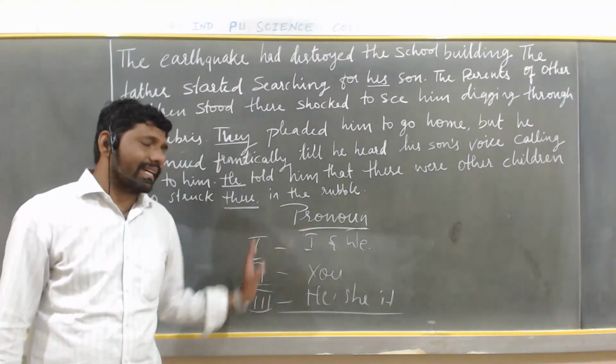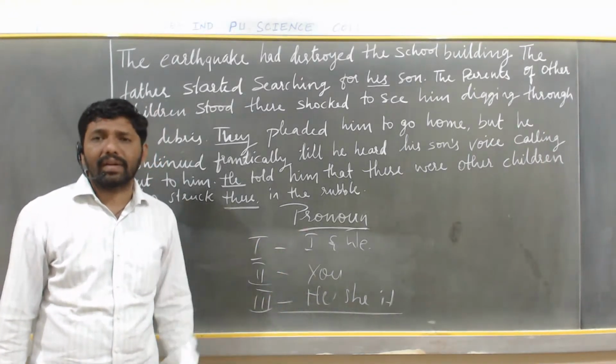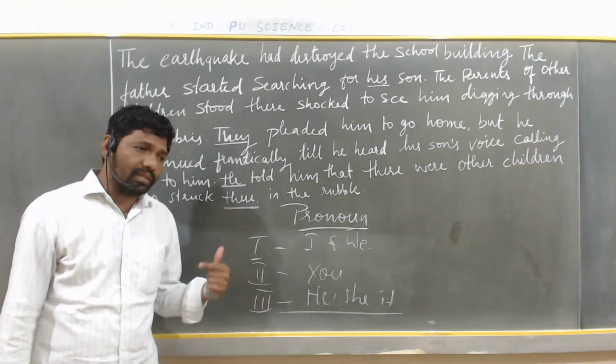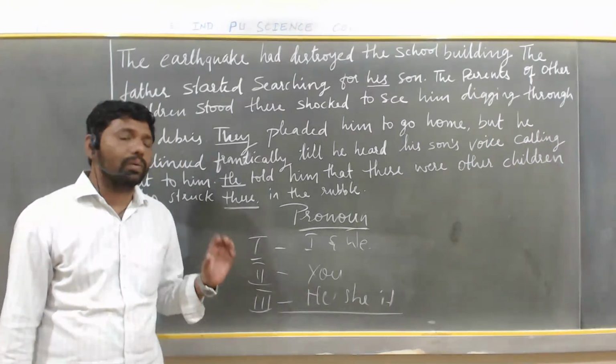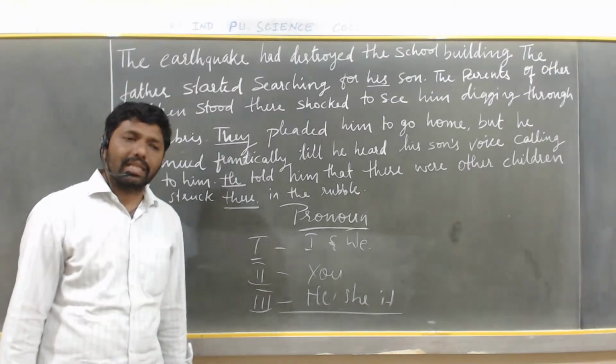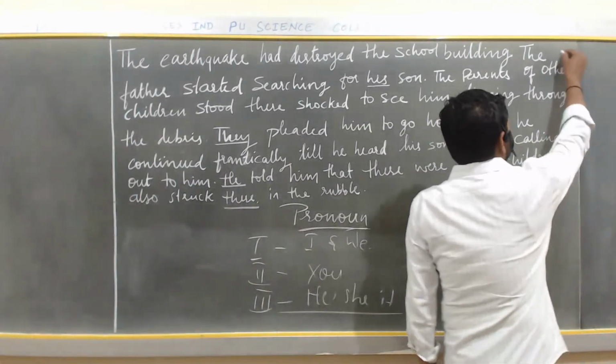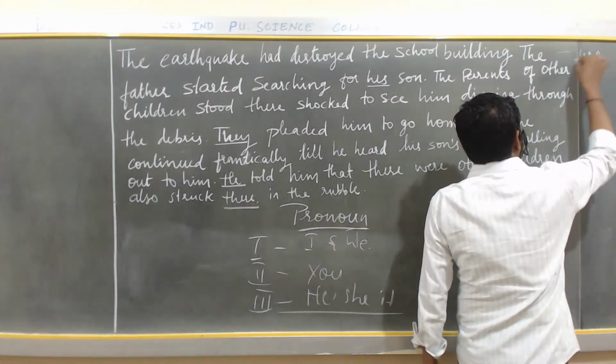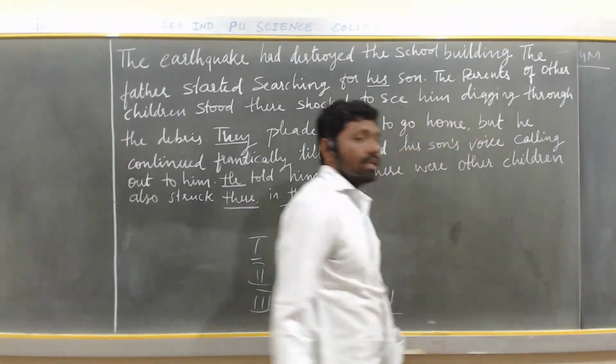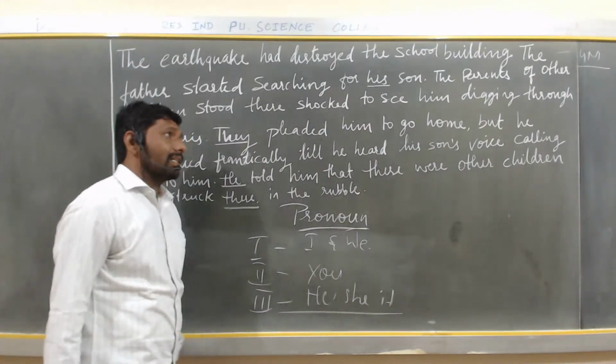These are all secondary for us from the point of examination. From the point of examination, we need to identify pronouns. That is very, very simple, and this question is for 4 marks in the examination. If you know the simple trick, think that 4 marks are in your pocket.